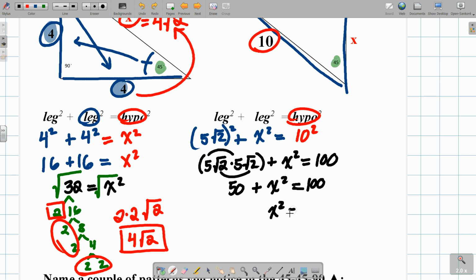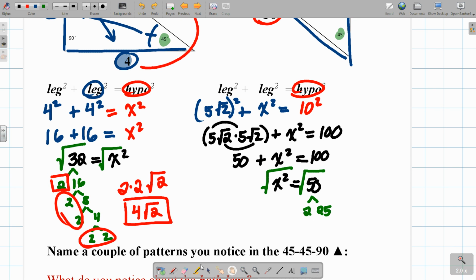X squared, you minus 50 both sides. Opposite of squaring is square rooting. Now we're going to factor 50. Five comes out. 2 stays home.